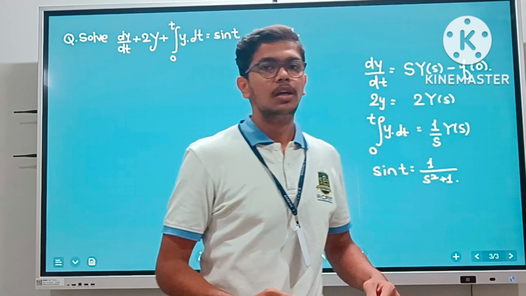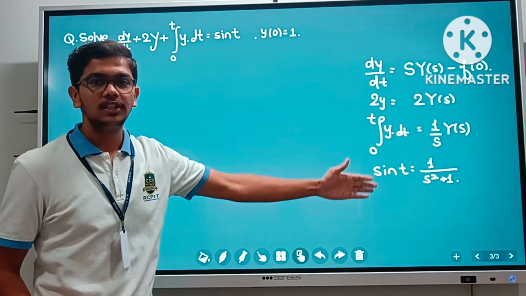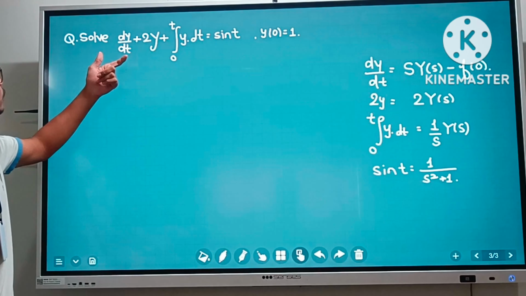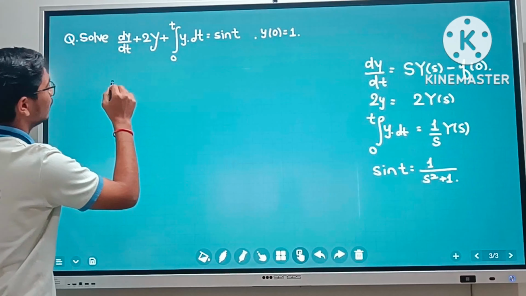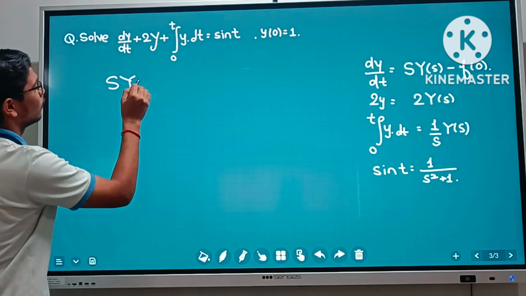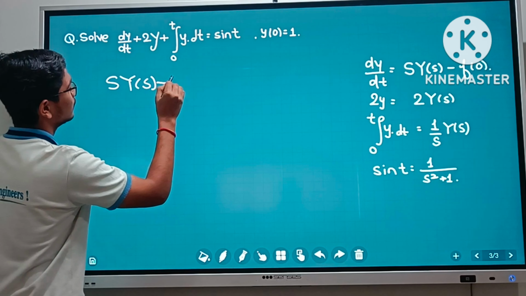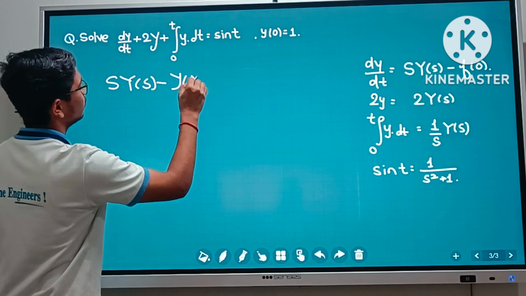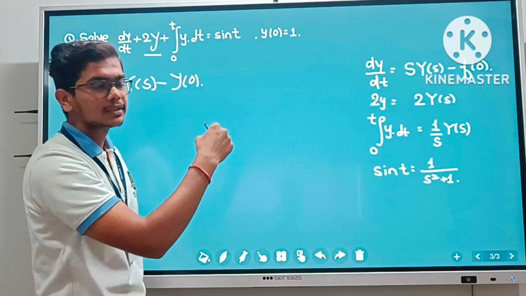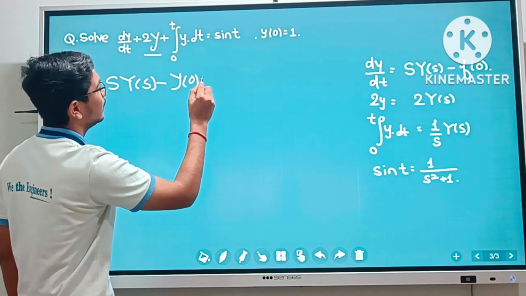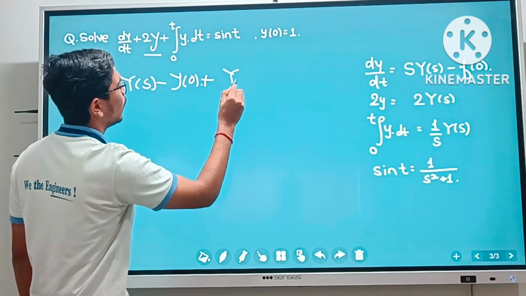To solve this question, we will take the help of these properties. Firstly, the transform of dy by dt is given as s into Y of s minus y of 0. For 2y, 2 can be taken out of the Laplace, and the Laplace of y is Y of s.